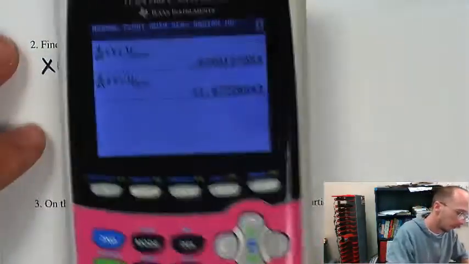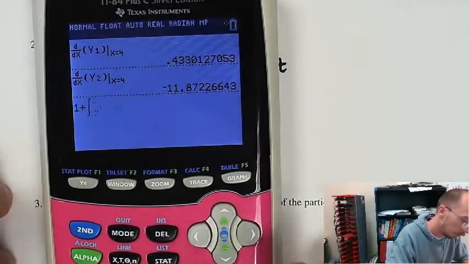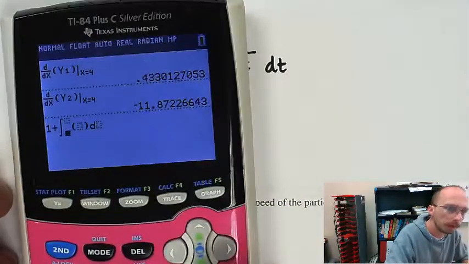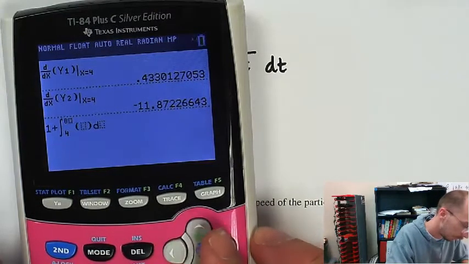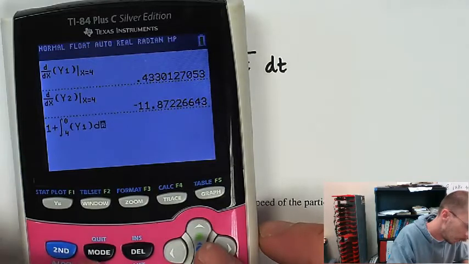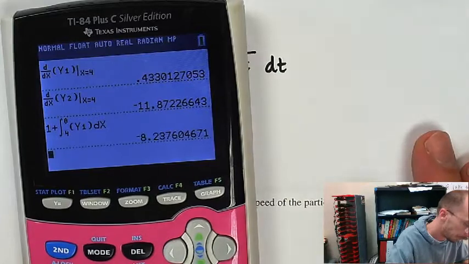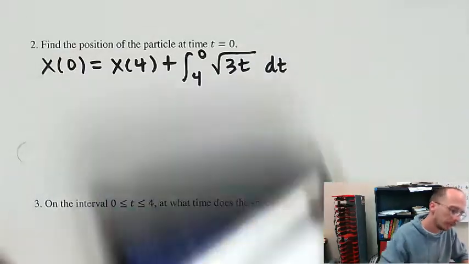So x of 4 was 1 plus the integral from 4 back to 0 of x prime, which I had in y1, dt, and that is negative 8.238.